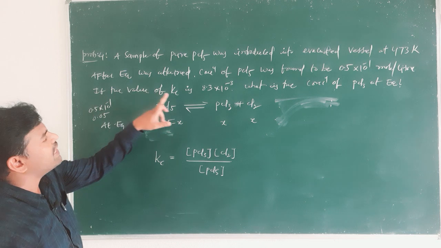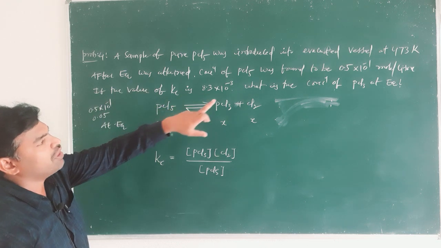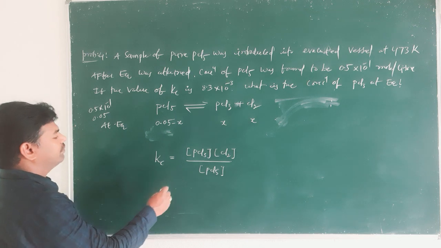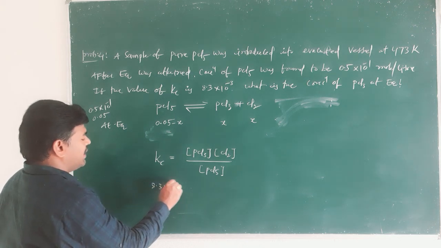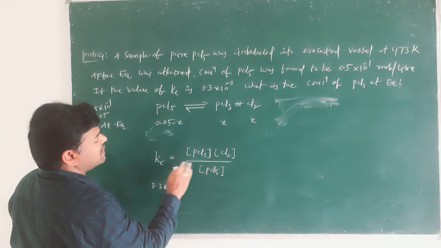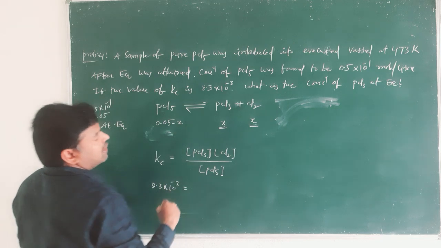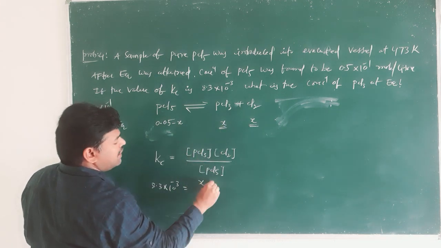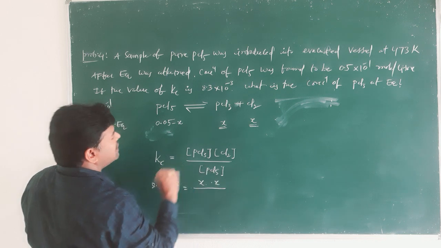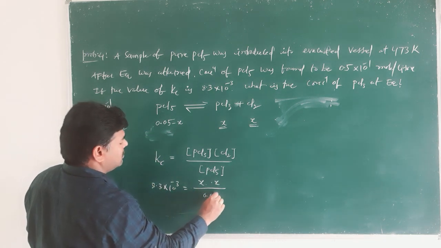Okay, so I can write Kc as concentration of PCl3 into concentration of Cl2 divided by concentration of PCl5, and the value of Kc is 8.3 into 10 power minus 3. According to our hypothesis, the concentration of PCl3 is x, so x into x divided by the concentration of PCl5 at equilibrium, 0.05.